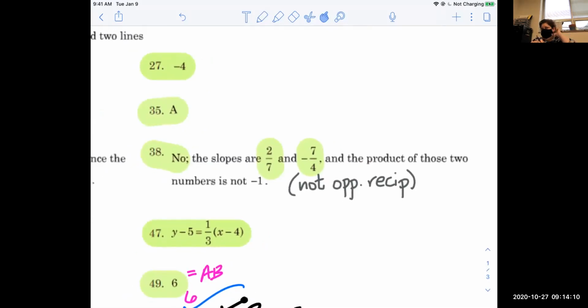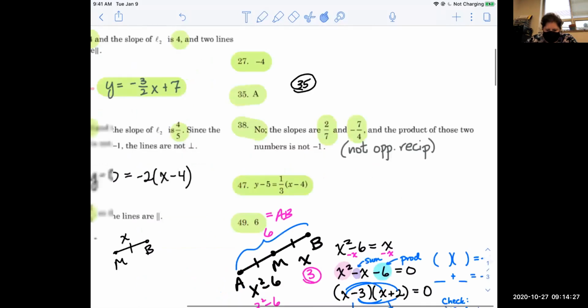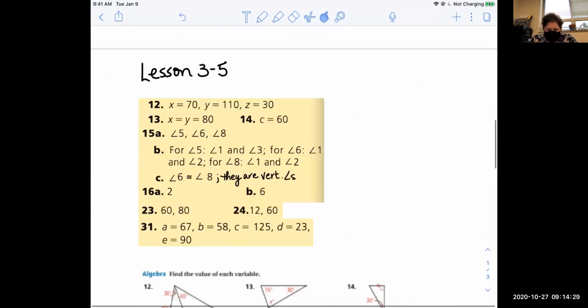Do you have any questions about anything other than number 49, Nick? 35. Okay. Unfortunately, I don't think I have the problems for these in front of me. I don't think I put the problems down here for that group.